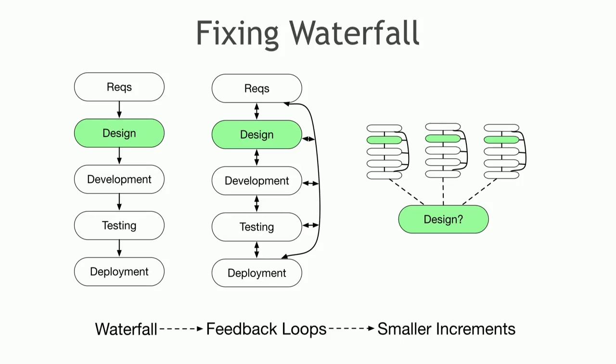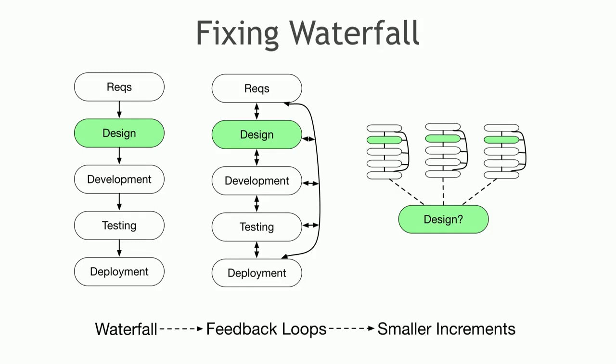And the Agile movement fixes this in at least two important ways. One way is it says that those feedback loop arrows go in all directions. So instead of having this cascading series of things where a design failure can take years to roll down the mountain and land on people, design can take feedback from development, from testing, from things that are logically, in some sense, later in the cycle.